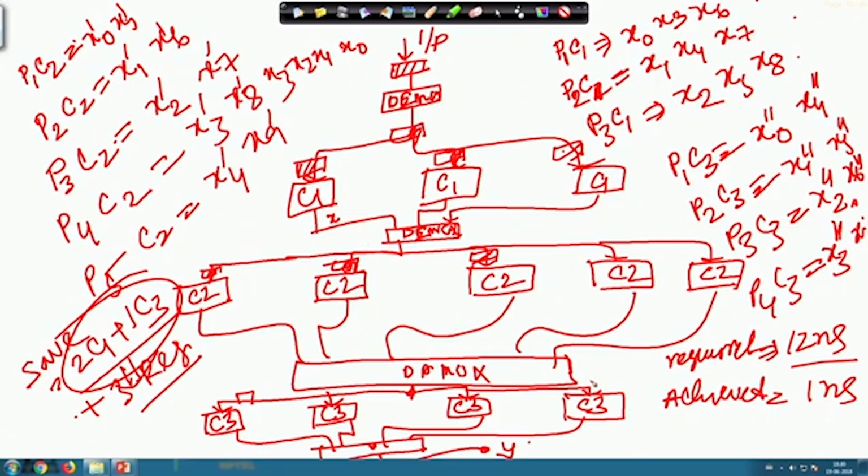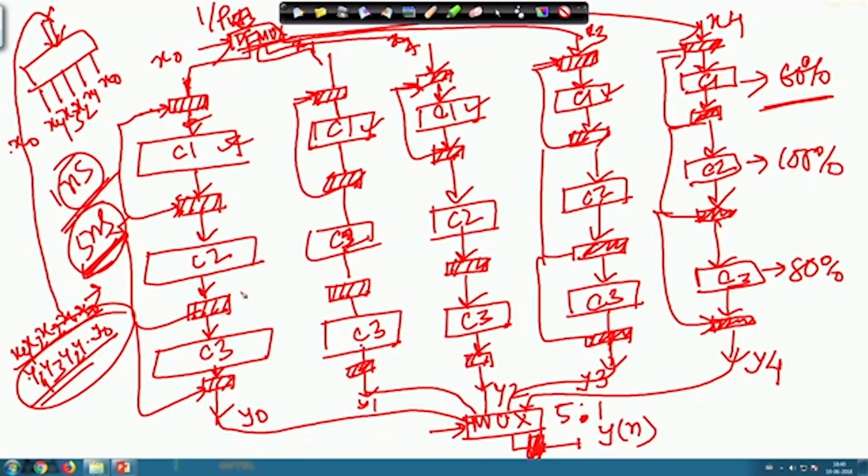So, whatever circuit we have seen, if each of these blocks is taking 5 nanoseconds, there is no chance for further optimization. If these blocks are different, that means the delays for C1, C2, C3 are different, at that time there is a chance for optimization.